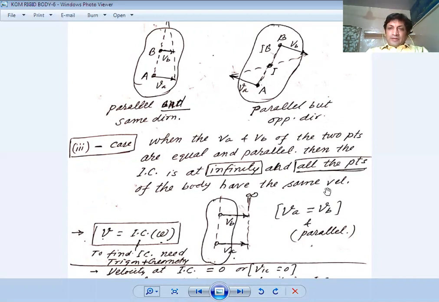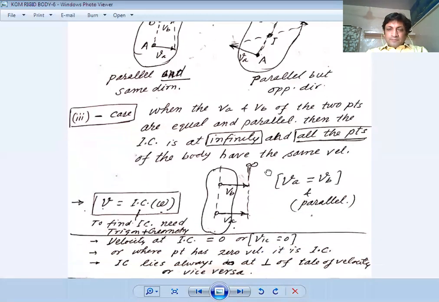To solve problems, we must know these expressions: velocity V is equal to IC distance into omega.